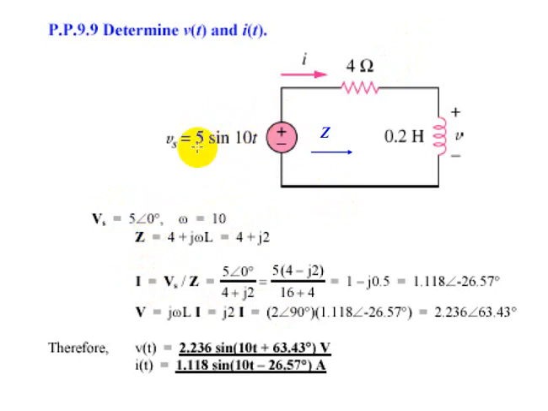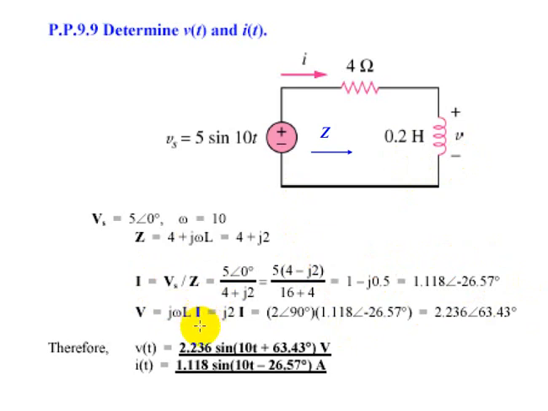If we convert this term into phasor form, we will get 5 angle 0 divided by the impedance converted into phasor form. You can do whatever way you want, and you will ultimately get 1.118 angle minus 26.57. Okay, this is the value of current.